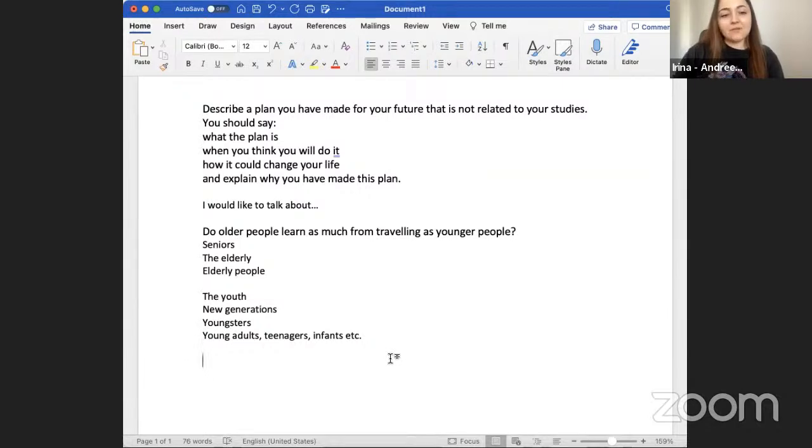Of course, we could also try to replace this verb, learn. It's a bit more difficult to replace verbs, but instead of learning, what could we use? Exploring.